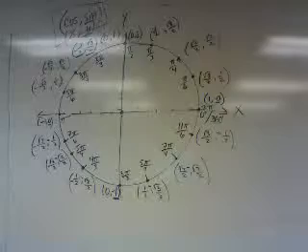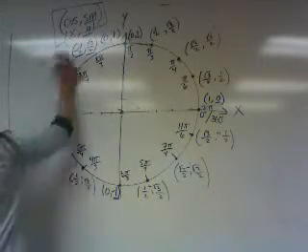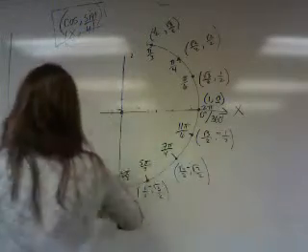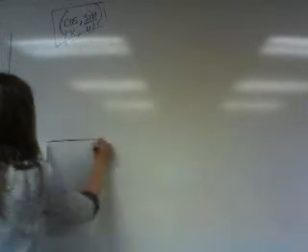I actually don't think we need this unit circle. I'm actually going to get rid of the unit circle. It'd be much easier for me to graph if I don't have this. Alright. So I'm going to try to copy this down here.